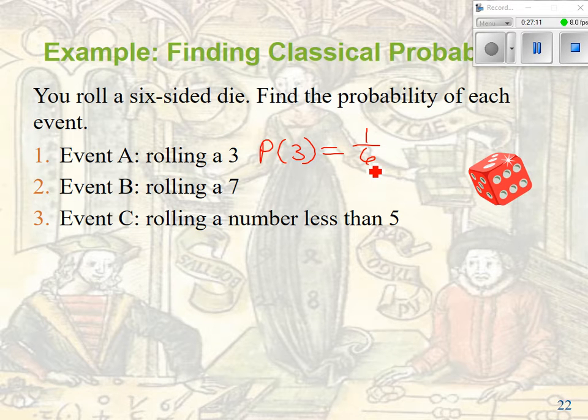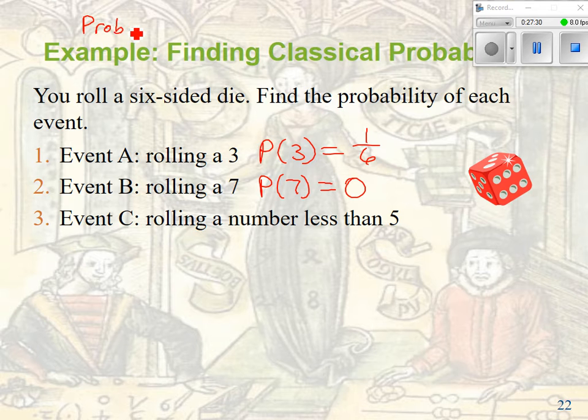Event B, rolling a 7. What's the probability of rolling a 7? 0. And with classical probability, with any probability, I can't remember if this is on this PowerPoint or not. I think it is somewhere, but I'll write it down up here anyway.